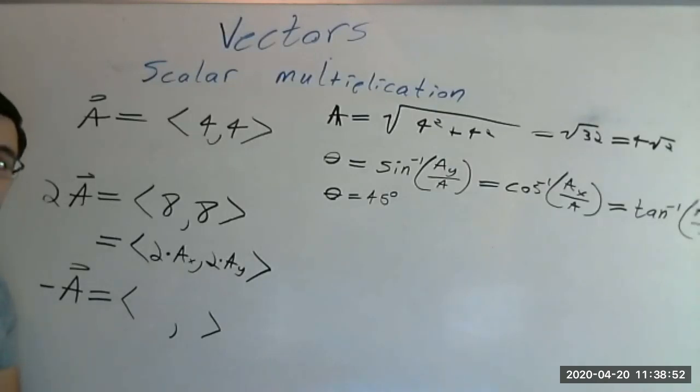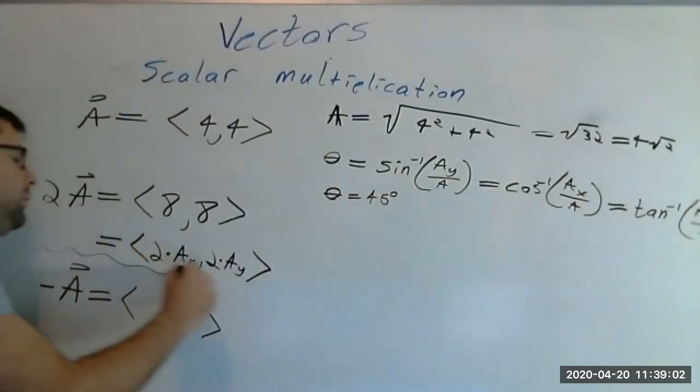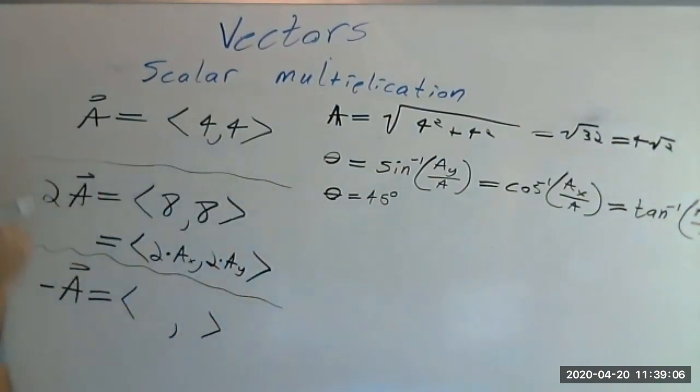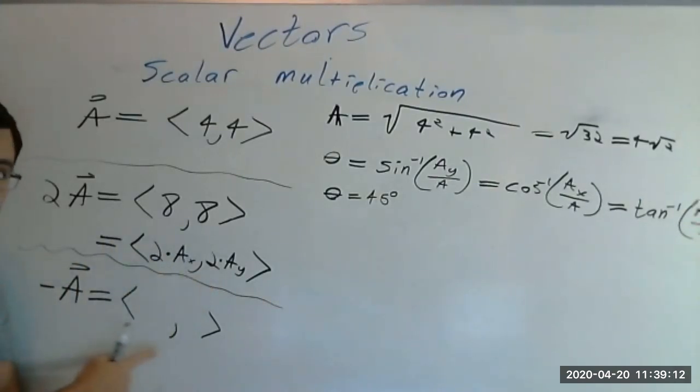Two times AX, 2 times AY. No, that's 2A. These are 3 different things. If that's how you do 2A, what is negative 1A?